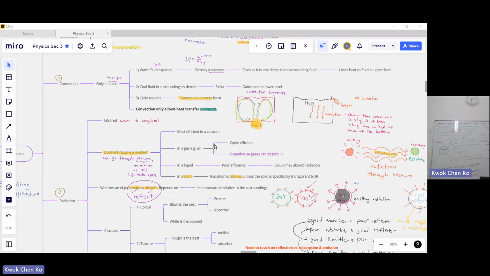Then if it does come out, how much? Personally, I think unless you're good in everything else, then you can spend some brain power to remember this. Because if you're struggling in other formulas and concepts already, don't waste your brain power to remember this.